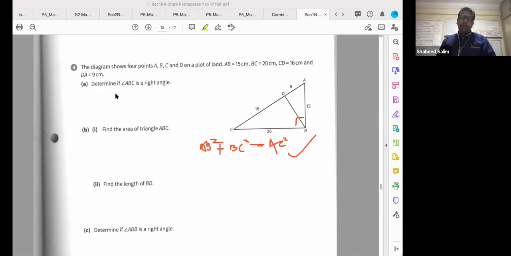You already know the area, right? You can use that, or you can use other methods, so no problem.